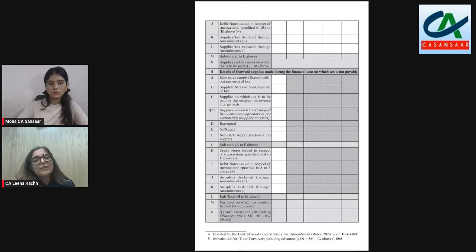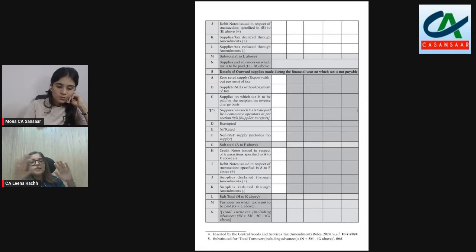We used to report this in table 6E, which reads import of IGST. Now, it may happen that you have paid and you're claiming your ITC, but maybe you're not claiming the entire ITC in 1 year. You're splitting it up in 2 years. If that be the case, over here you're required to report ITC that you're going to claim next in table 8H1 and ITC for present in table 6E.